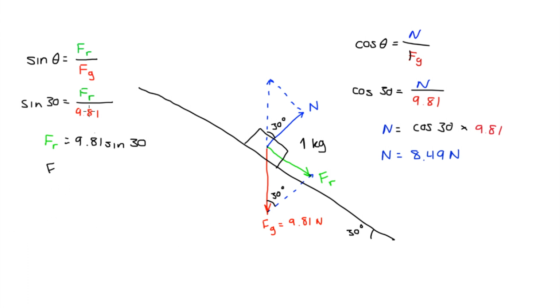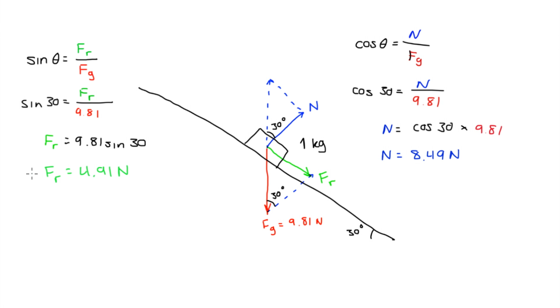Resultant force, let's make it green. Resultant force, Fr, is equal to 4.91 newtons. So the box will be moving down the slope with a force of 4.91 newtons.